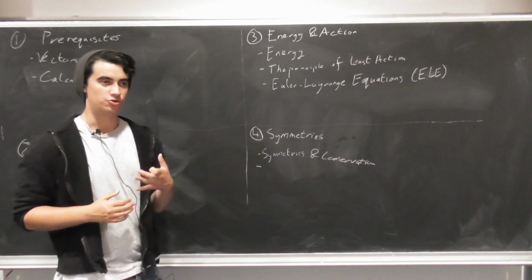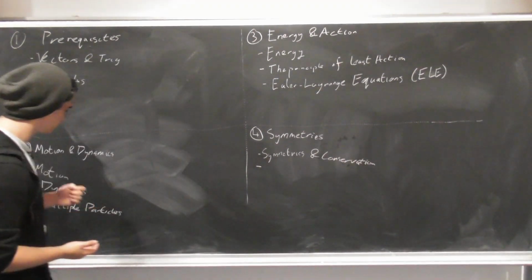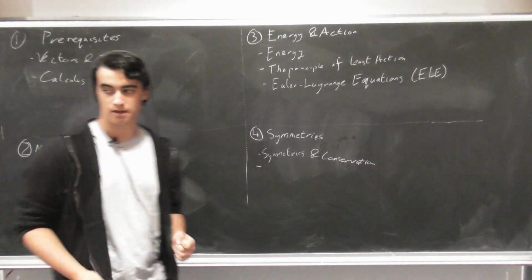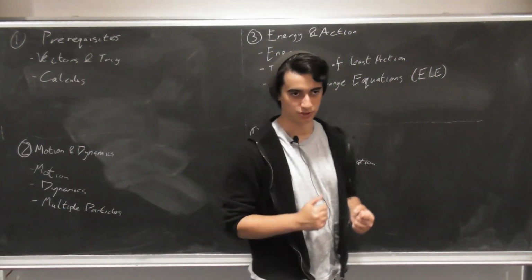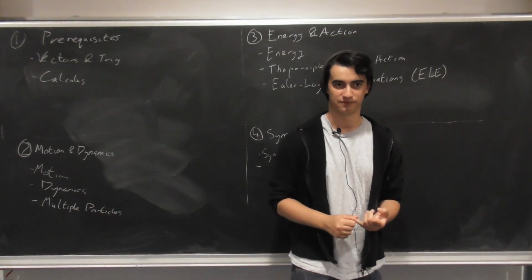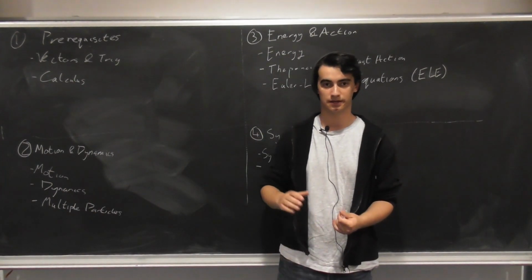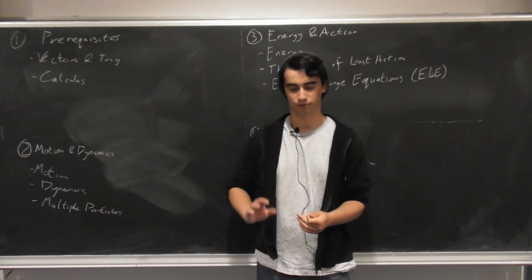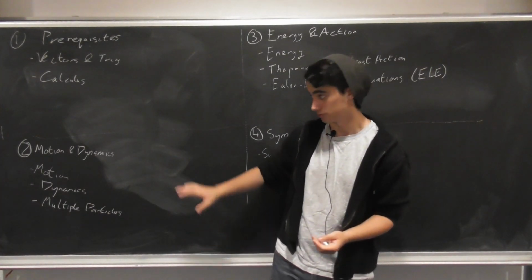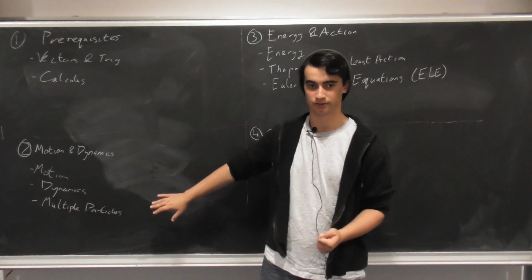What we'll cover in the motion and dynamics section, and what you would be more acclimatized to as of now, is the Newtonian formulation of mechanics. So your F equals ma, all of that stuff that you would have covered beforehand, and we'll cover in motion and dynamics as a refresher.